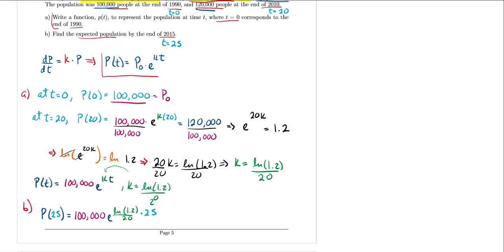I plug everything into my calculator, and I got approximately 125,596.21.